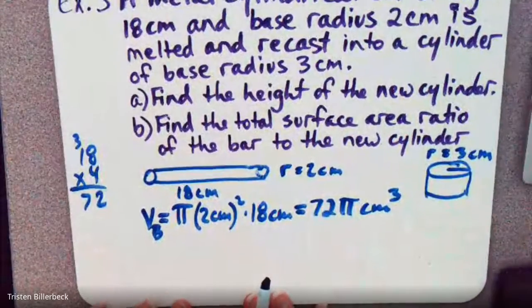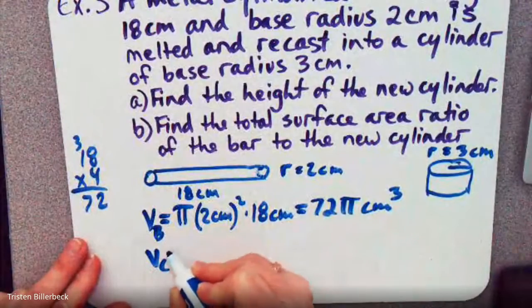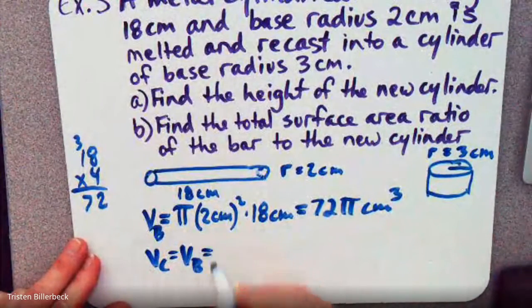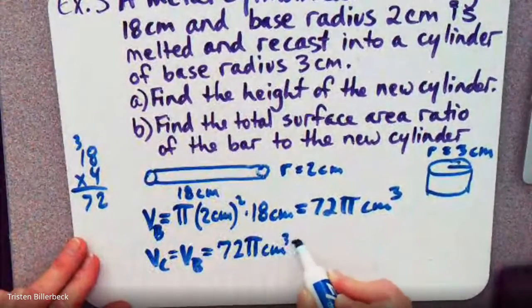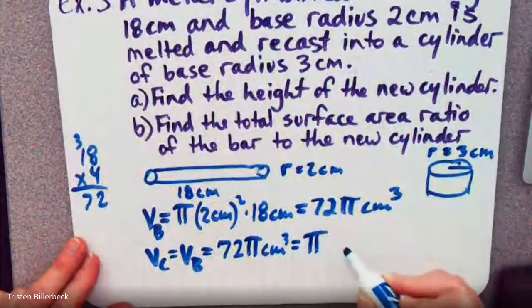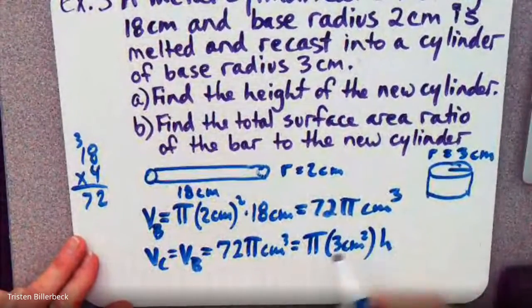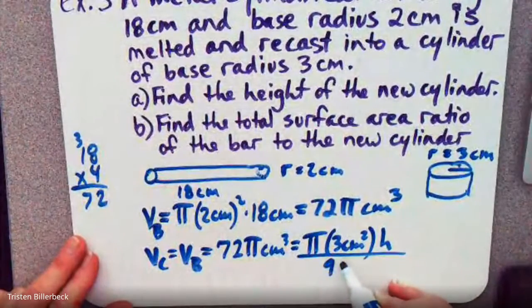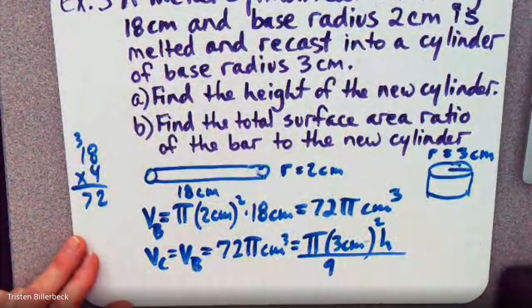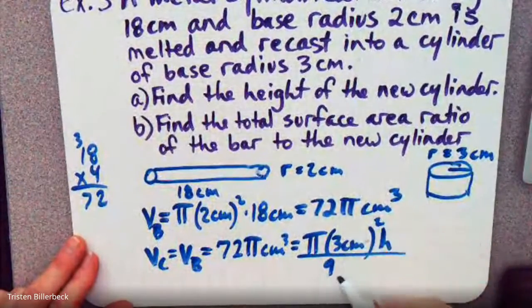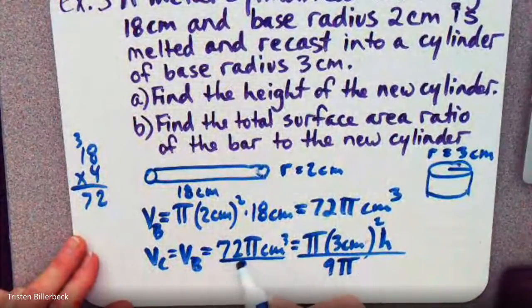Now what is this new height? The volume of the cylinder is equal to the volume of the bar. So we have 72 pi centimeters cubed equals pi times the radius, 3 centimeters, squared, times the height. 3 squared is 9, so I'm going to divide by 9 pi here and here.